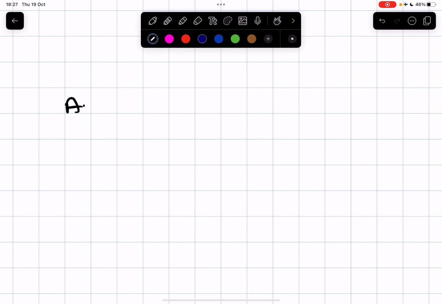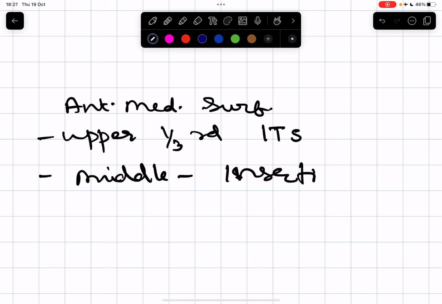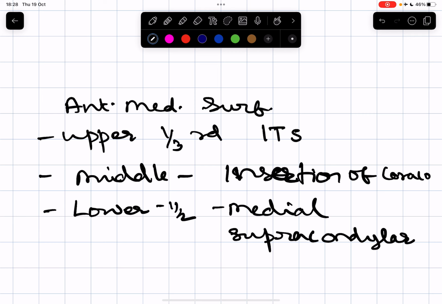So the anteromedial surface: in the upper one third we have the intertubercular sulcus. In the middle part there is a roughened strip for the insertion of the coracobrachialis muscle, and in the lower half it is thickened to form the medial supracondylar ridge.